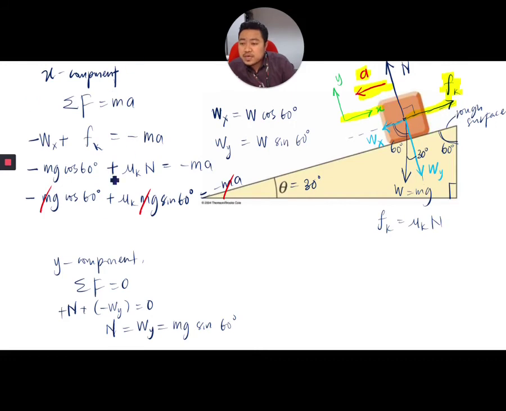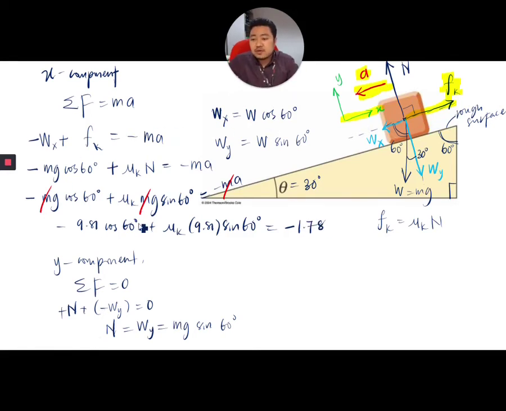So now we can substitute the values. Here it is going to be negative 9.81 cos 60 degrees plus mu k multiplied with 9.81 sine 60 degrees, which is equal to negative a. Remember that a has been obtained previously in question 10a, which is 1.78. Alright, so we can solve this.